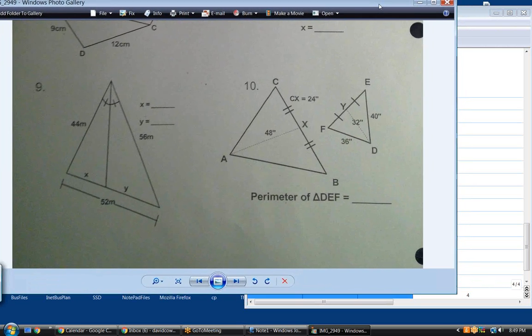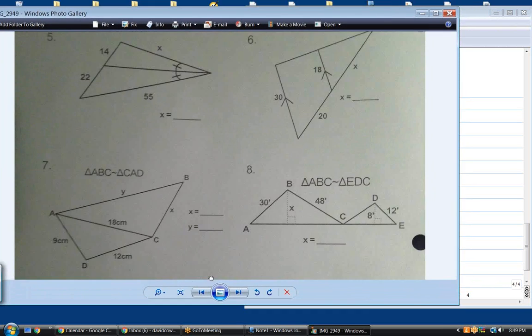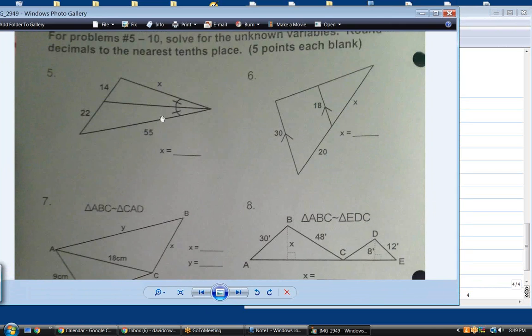And here's the same principle as we had in 5. Notice that 5 is not similar triangles. But there's a theorem in geometry that says if you take a triangle and you bisect it, the ratio of this side to that side is going to be the same as the ratio of this side to that side.